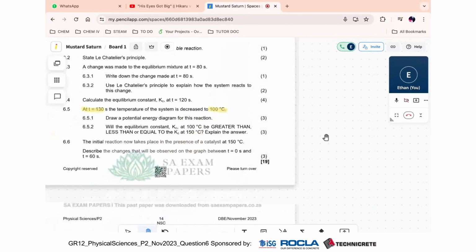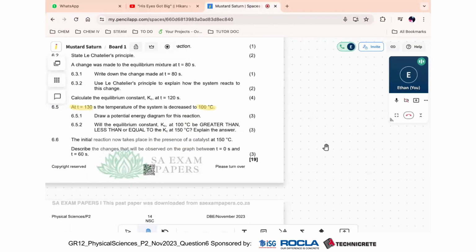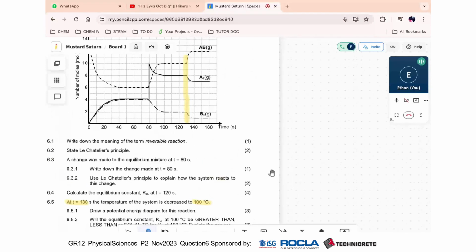Okay, moving on to 6.5.2. Will the equilibrium constant Kc at 100 be greater than, less than, or equal to the Kc at 150? Explain your answer. So you can definitely actually calculate it, but you don't need to, because you can see that AB is increasing, A2 is decreasing, and B2 is decreasing.